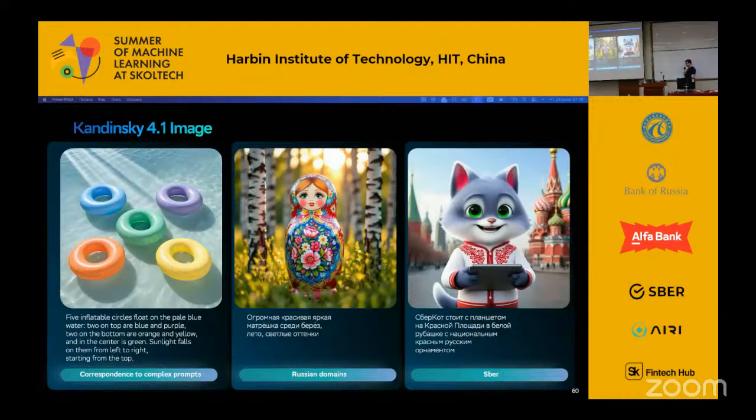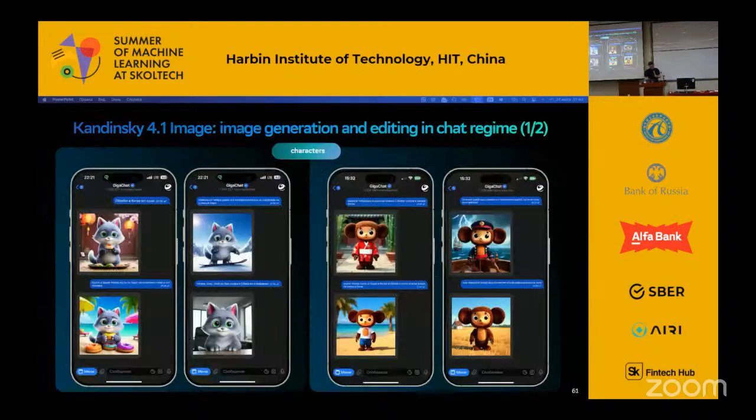We see nice quality after SFT, so we can improve prompt following, visual quality, and some really important objects and concepts, because we represent a Russian model, so we should know the Russian cultural code, for example, some Sber characters, and so on. And we did that.